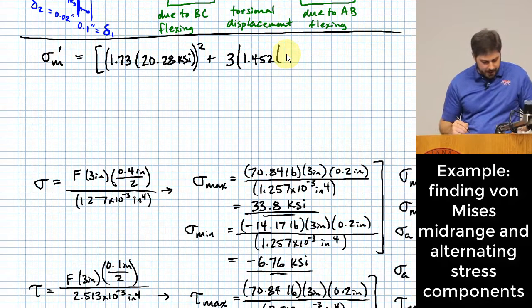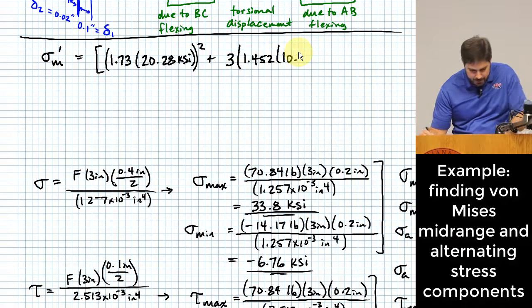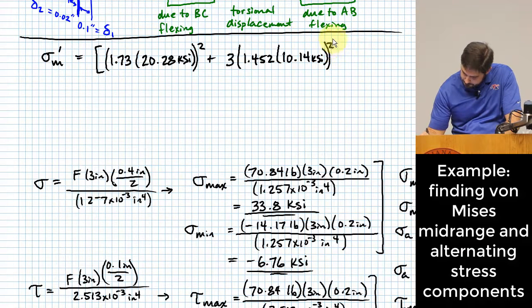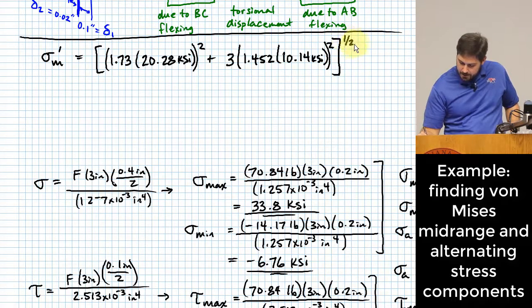This gets multiplied by our alternating component of torsion, which was 10.14 KSI. Take all of this and take it to the 1/2 power.